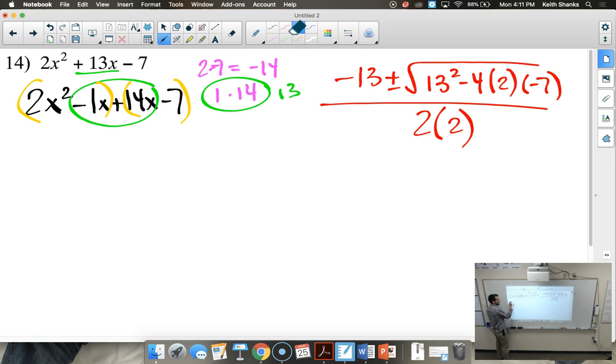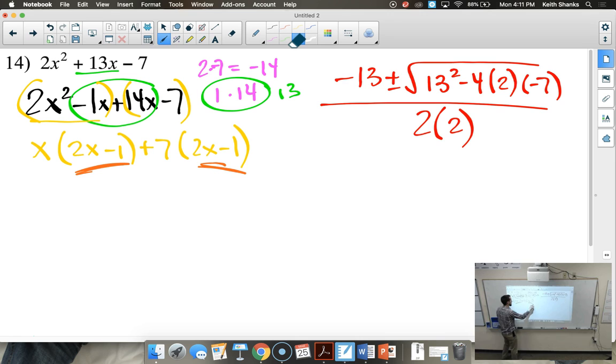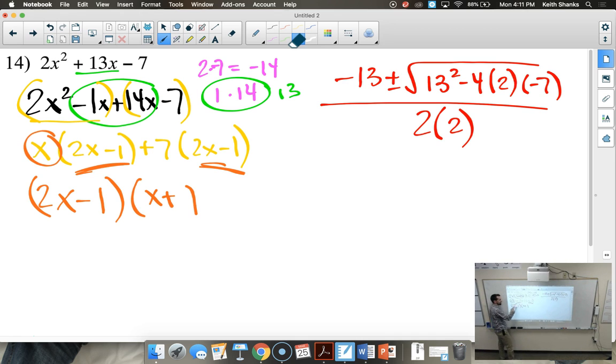You have x in both of these, left with 2x minus 1. You have a 7 in both of these, so you're left with 2x minus 1. Again, these are the same, so you have 2x minus 1 and x plus 7. Here's your x, here's your 7.